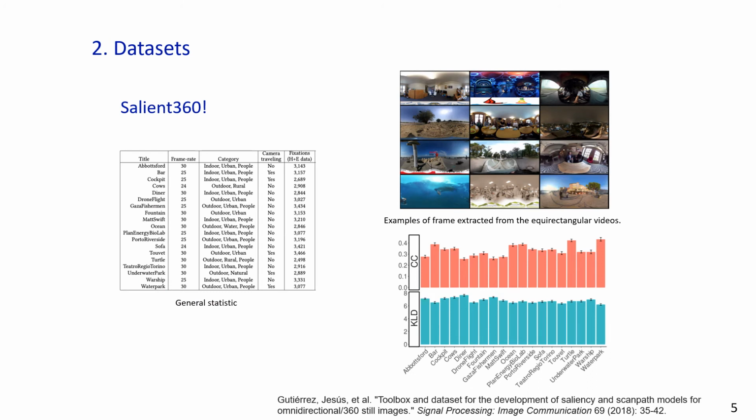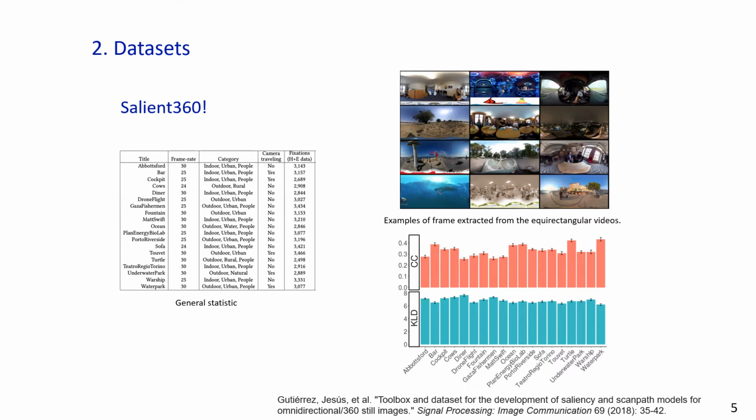We have applied our experiment on the Salient 360 training dataset, which has been proposed as part of the Salient 360 Grand Challenge, containing about 20 videos with diverse characteristics, from the number of fixations and frame rate, to indoor or outdoor scenes, and with a fixed camera or traveling camera.